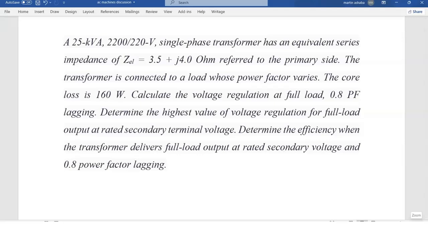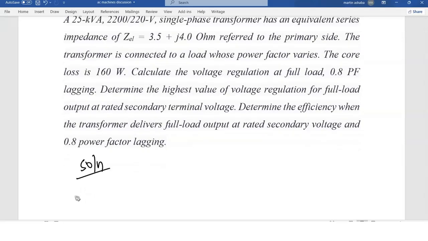So let's right away start. We want to look at the voltage regulation of this transformer.